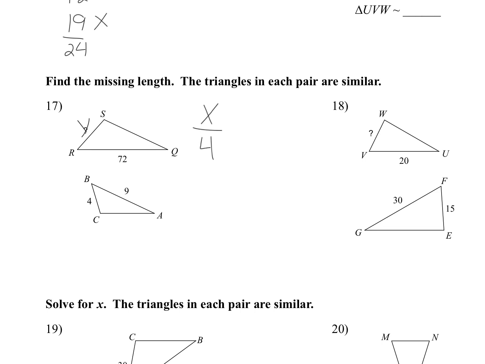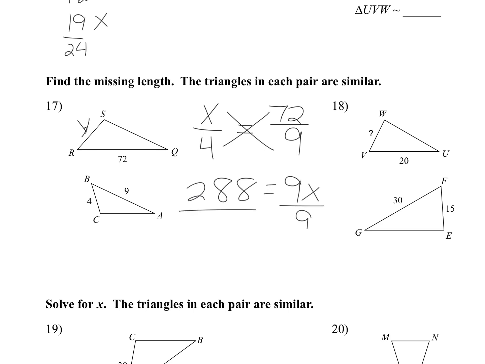Be careful because they did flip the triangle, so make sure you match the sides together. So x over 4, what's my other ratio? 72 over 9. And then from here, what do I do? Cross multiply. 288 equals 9x. Last step. Divide by 9. We get x equals 32.